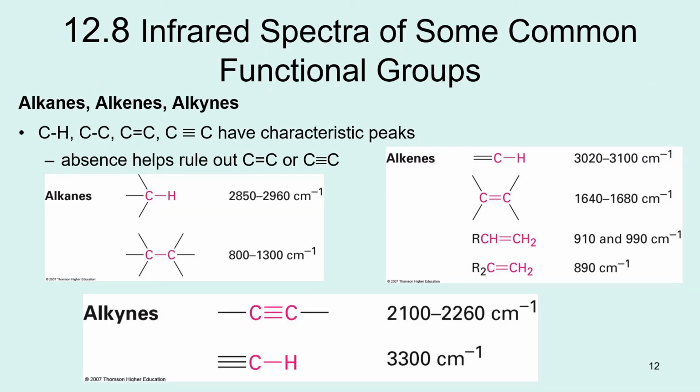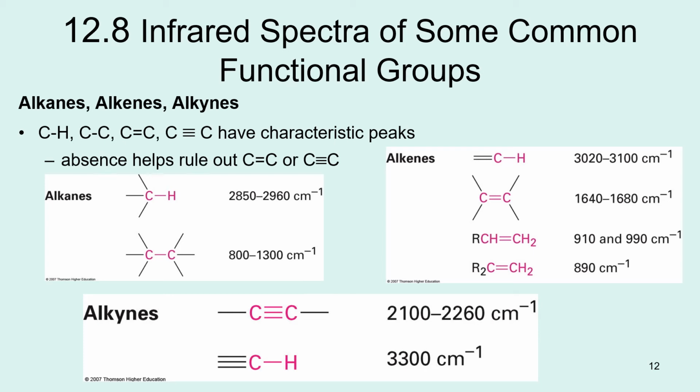And so just to summarize the different functional groups and where they tend to absorb. Our carbon-carbon single bond, our carbon double bond, and our carbon triple bond all have characteristic peaks, and then the carbon-hydrogen bonds to those specific carbons.